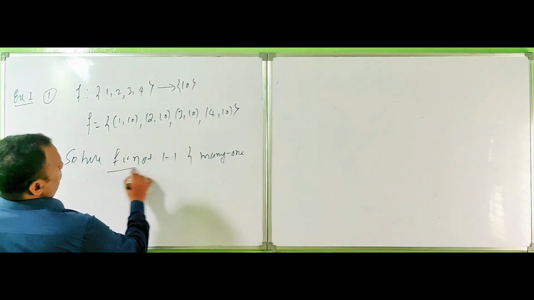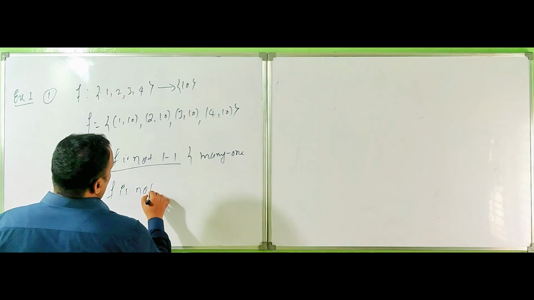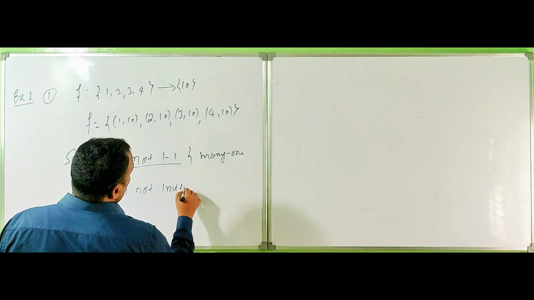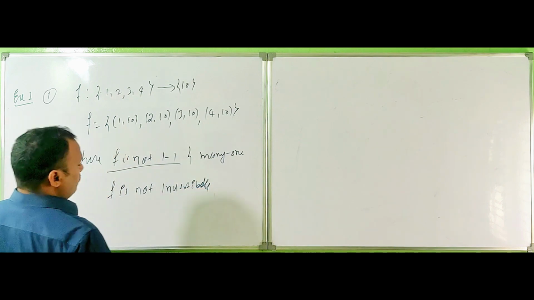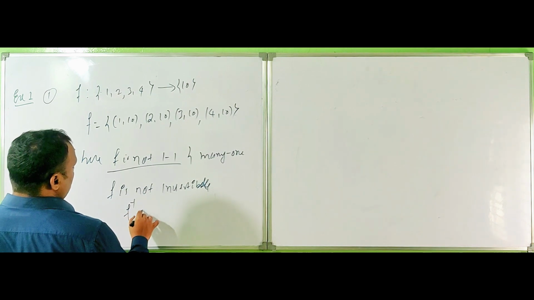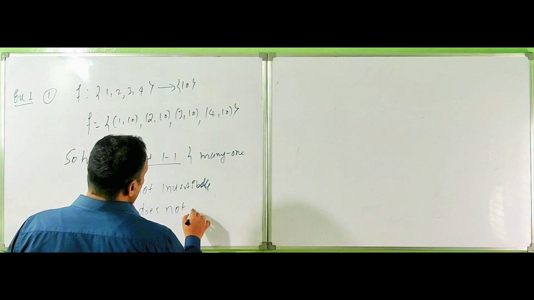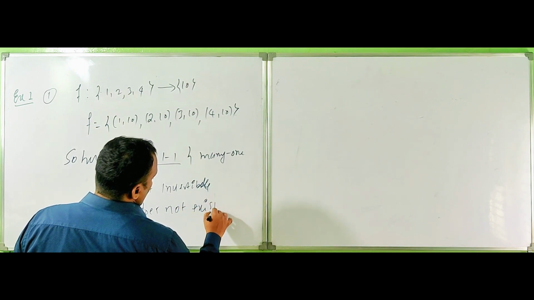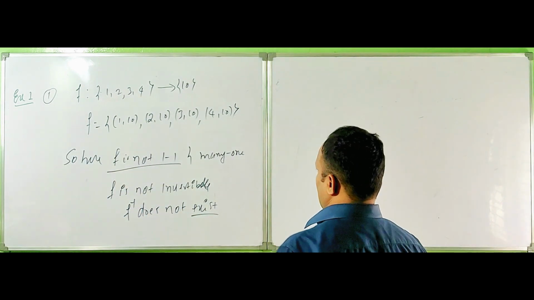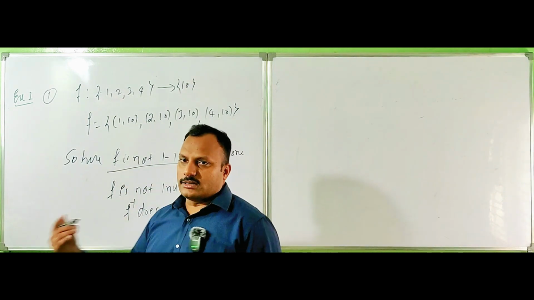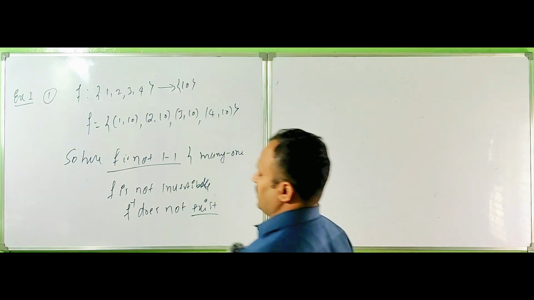Therefore f is not one-one, therefore f is not invertible, therefore f inverse does not exist. If they give 2 marks, we have to write all these things. If they give 1 mark, just write f is not one-one, therefore f is not invertible.